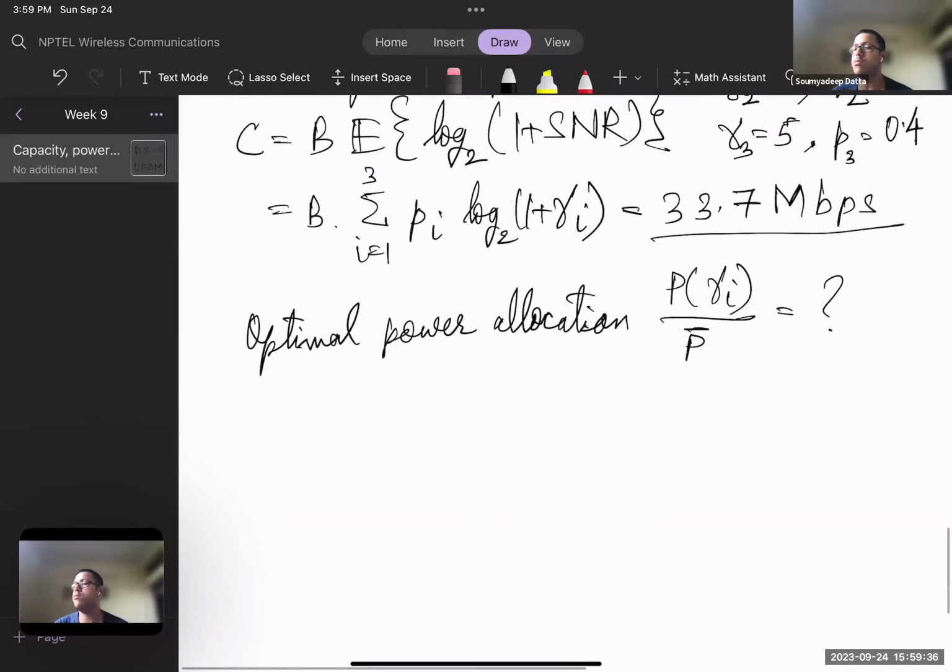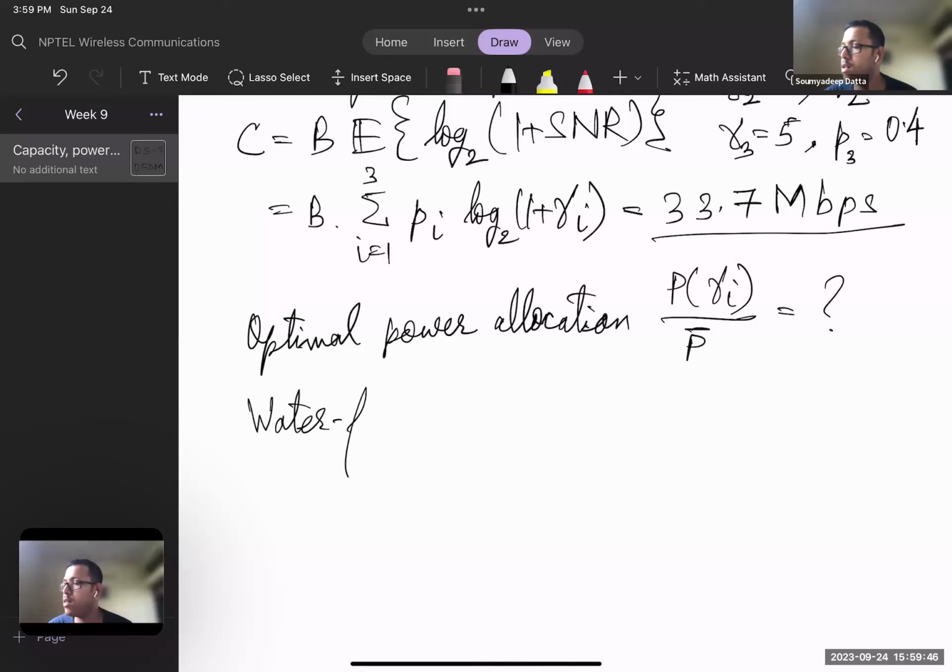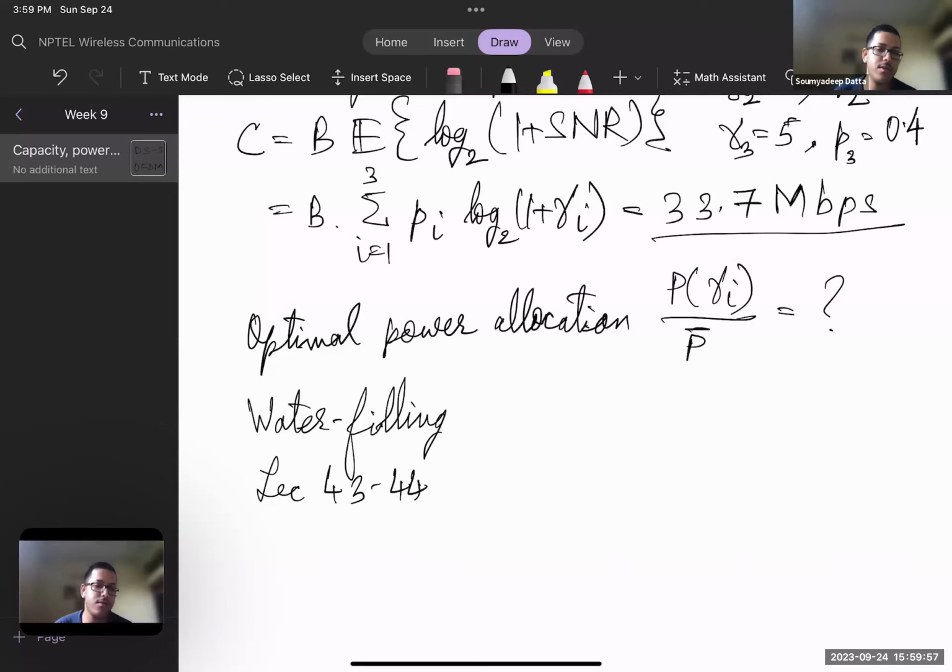Let's say you have to do it in an optimal way. So how do we solve this kind of question? This is solved by using the water filling algorithm. It is there in the lectures, lectures 43, 44, I believe, and even later. This is a very fundamental algorithm.